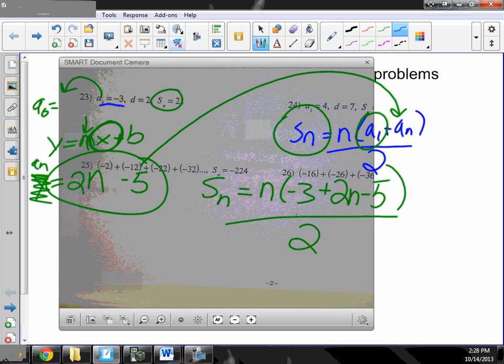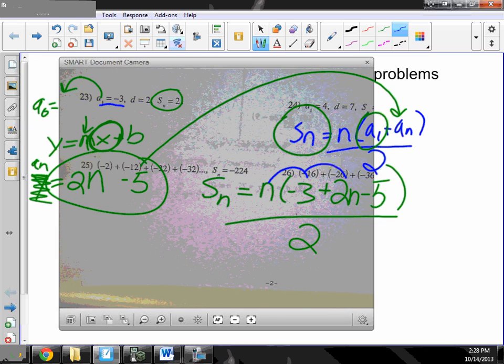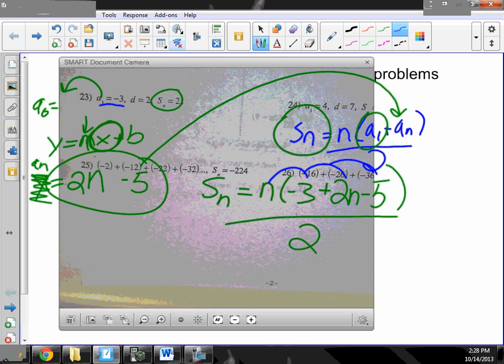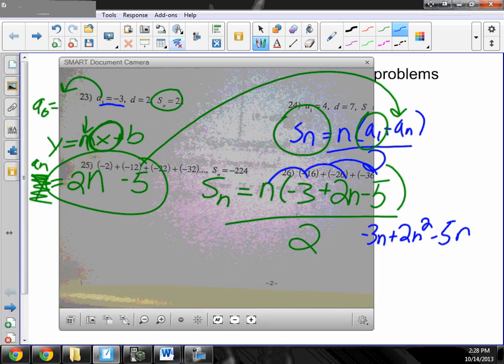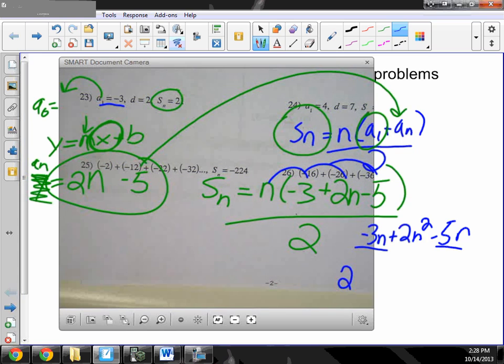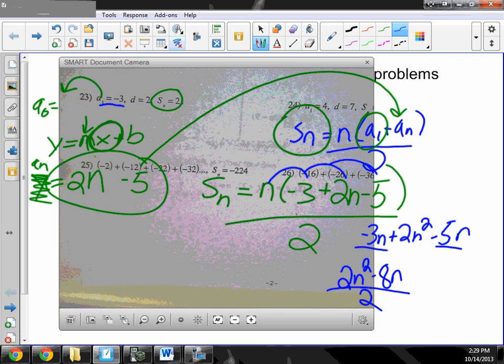Now my goal is to get my n's by themselves, so I'm going to multiply in by n. So I get -3n plus 2n squared minus 5n. Can I simplify that? What is -3n and -5n? So 2n squared minus 8n. Can I divide by 2?